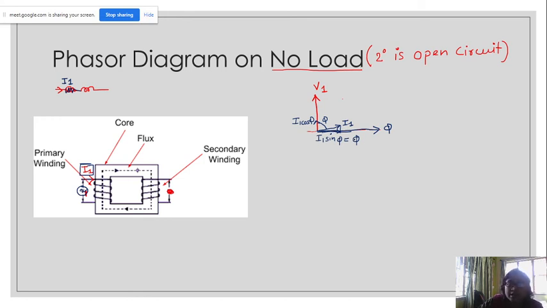I should not say phi, I am taking it as theta, otherwise there will be confusion. So I1 sin theta is actually generating the flux phi. Should I repeat? Or do you understand?